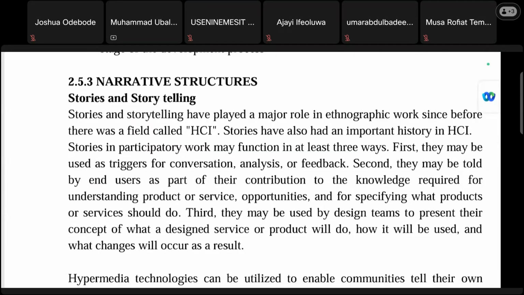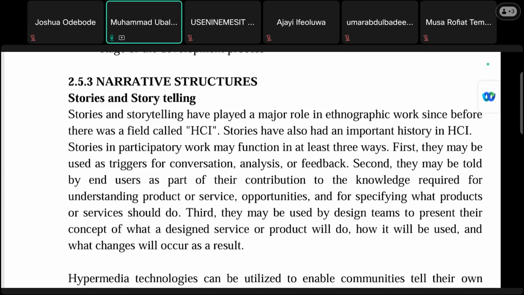Now, stories and storytelling, according to the note, have played a major role in ethnographic work since before there was a field called human-computer interaction. And stories have also had important history in the field. Stories in participatory work may function in at least three ways.